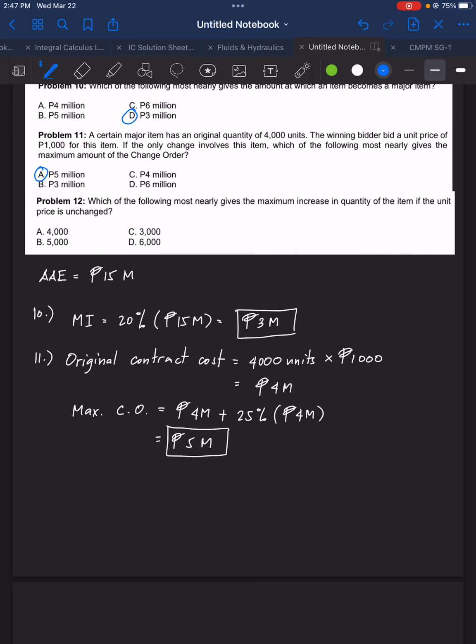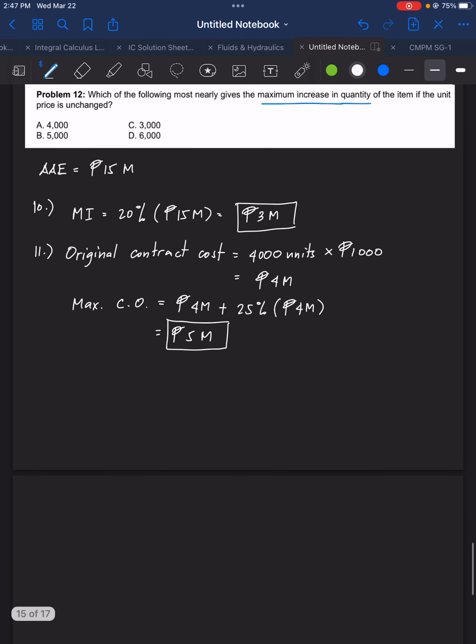Next, the last problem, problem number 12. Which of the following most nearly gives the maximum increase in quantity of the item if the unit price is unchanged? So, unit price unchanged, but it's asking for the maximum increase in quantity. So, you will go back again to the original contract quantity.